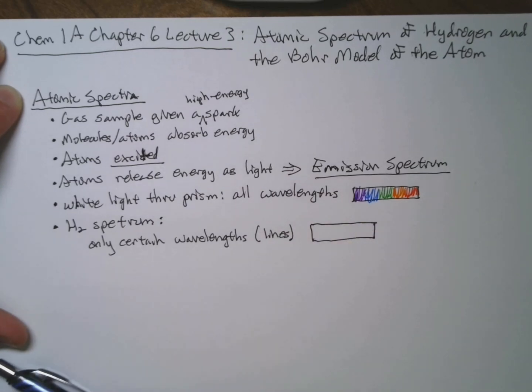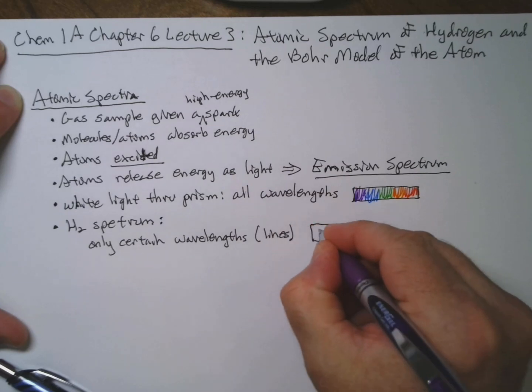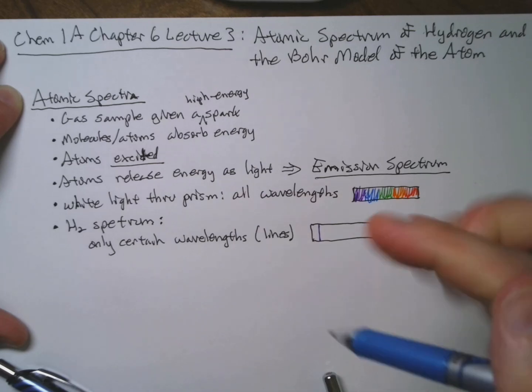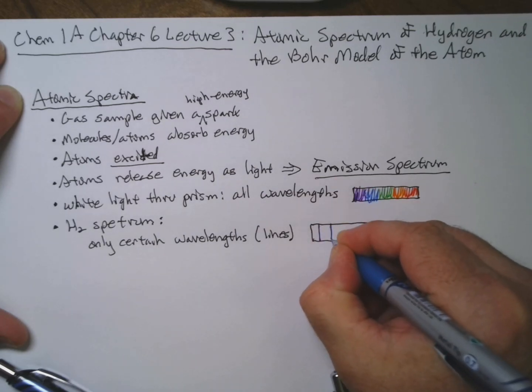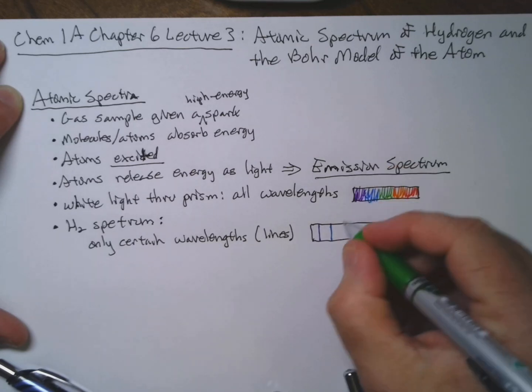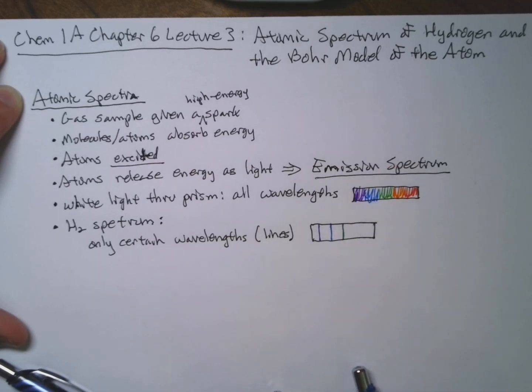So, for example, we'll have a line at 410, and then a line at 434, a line at 486, and then a line at 656 nanometers.